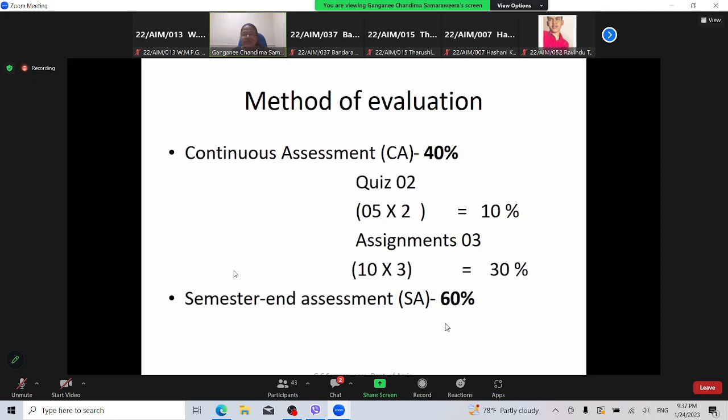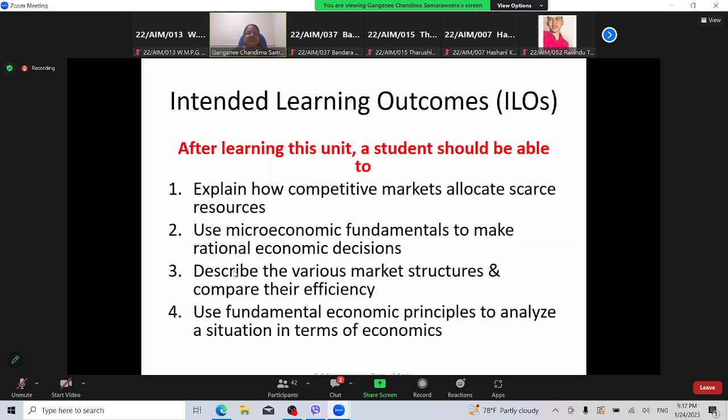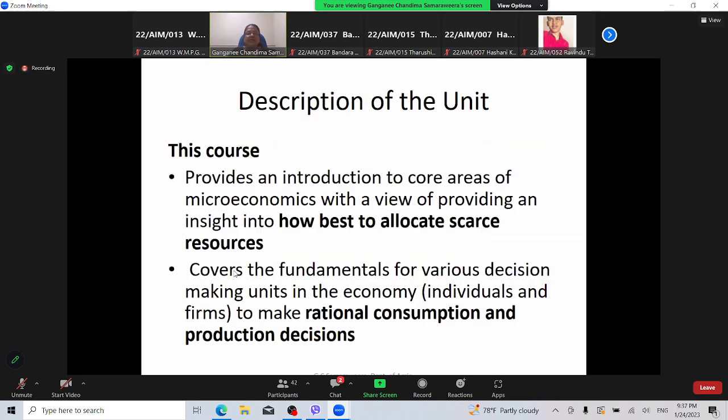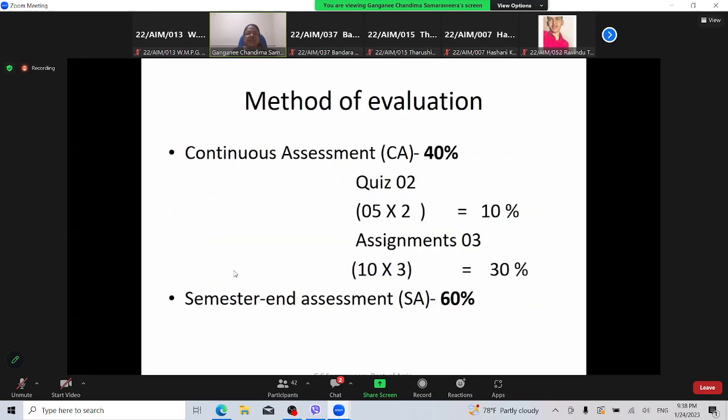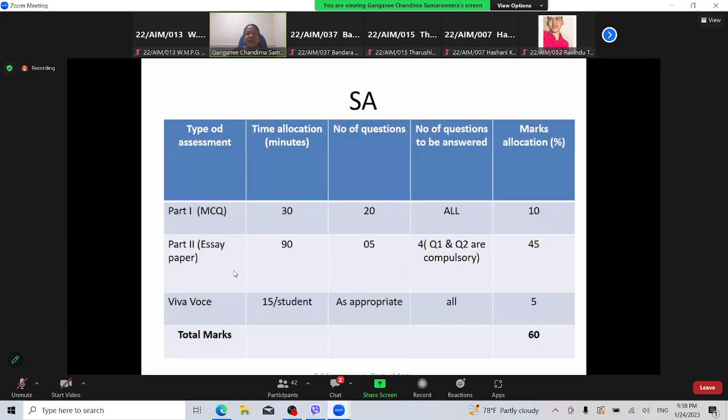I'm asking whether you got this information before: your course content, intended learning outcomes, description of this unit. Or am I sharing this for the first time? Okay, the first time. If so, I will include this also in my final PPT and share it.